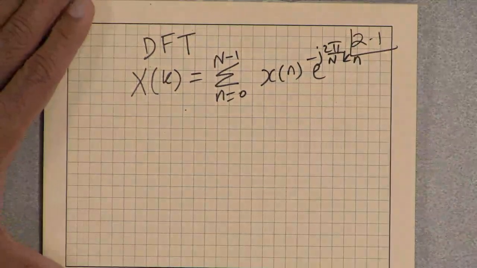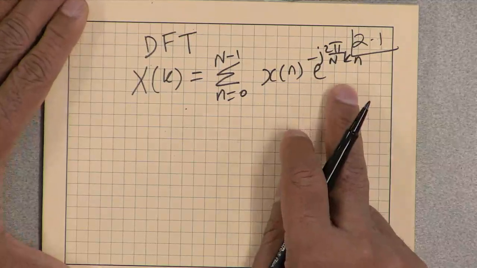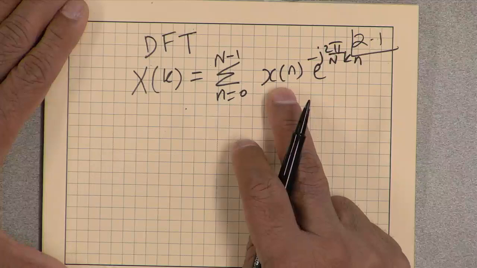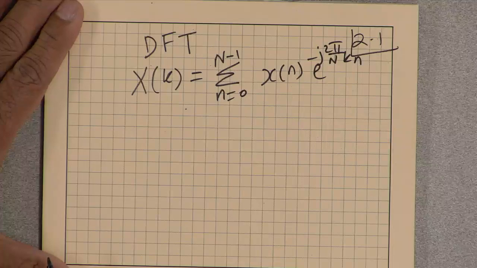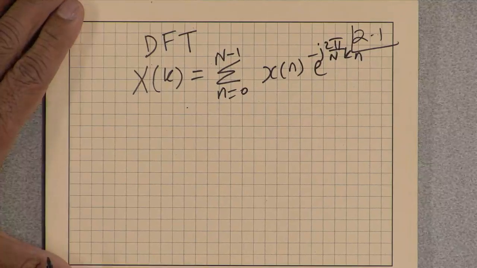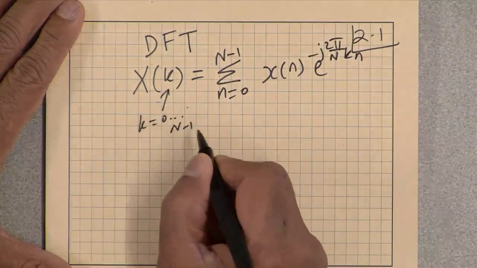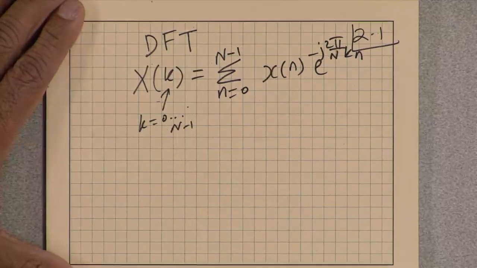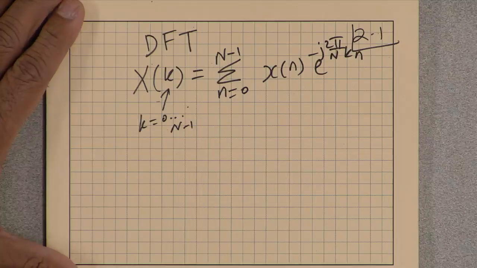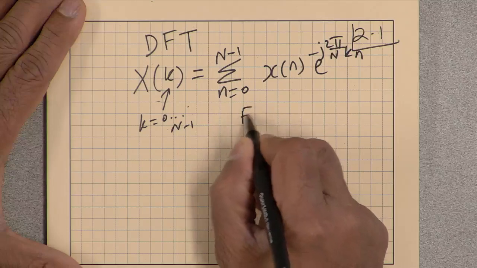Obviously, in general, if x[n] is a complex signal, this requires N complex multiplications, which is 4 times N real multiplications. If we compute this for k equal to 0 to N minus 1, that would be N squared complex multiplications. What the so-called FFT, fast Fourier transform or the Cooley-Tukey algorithm, does is reduce that from order of N squared to order of N log N.